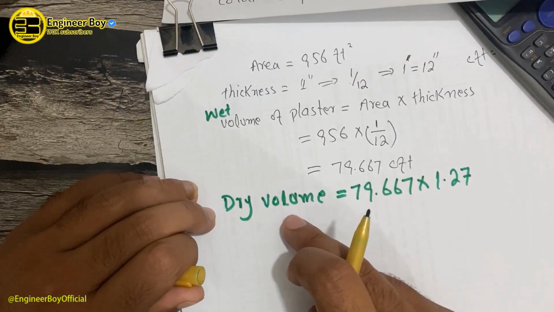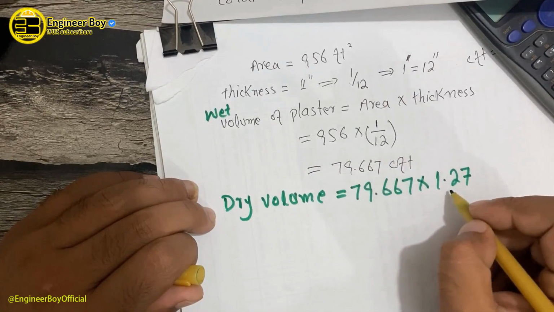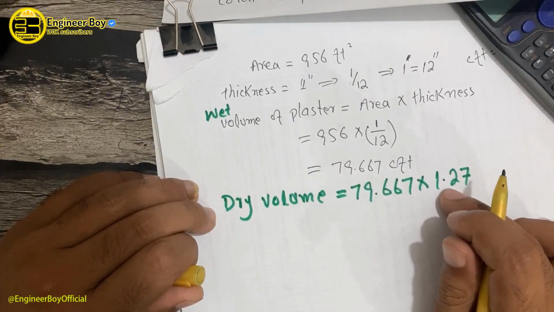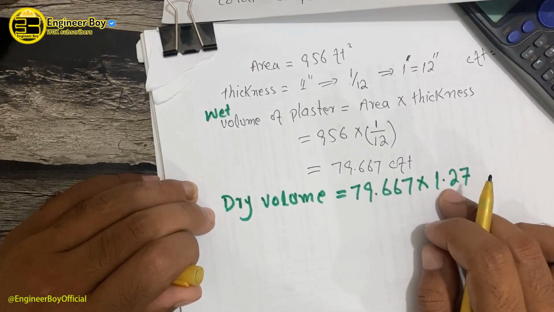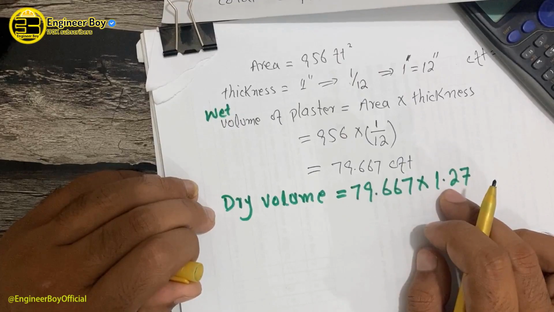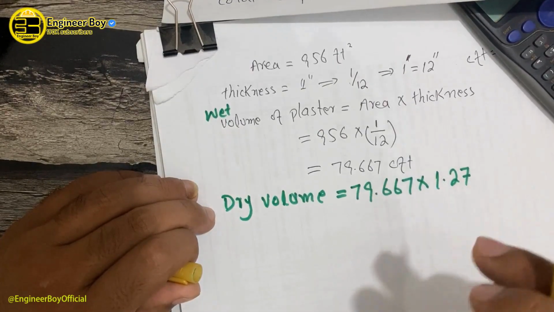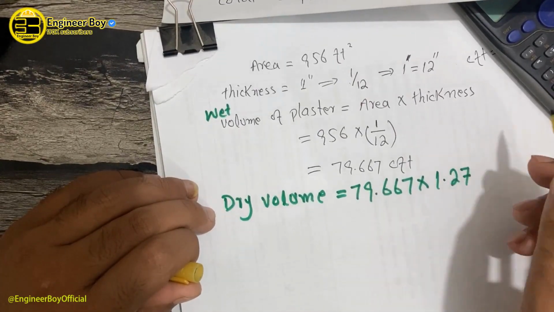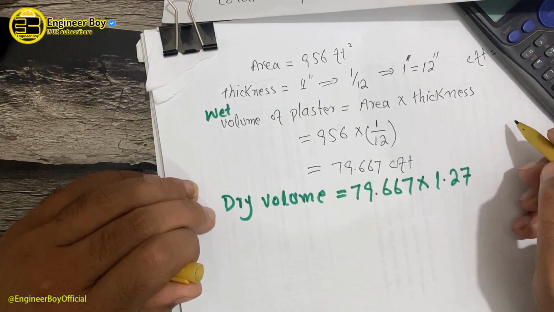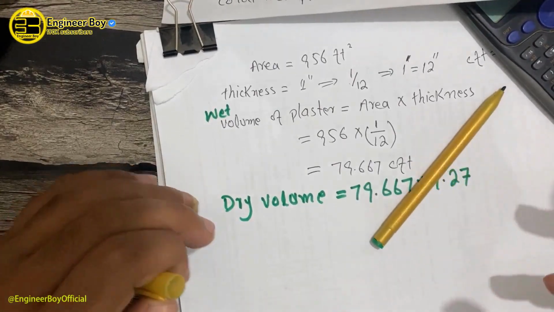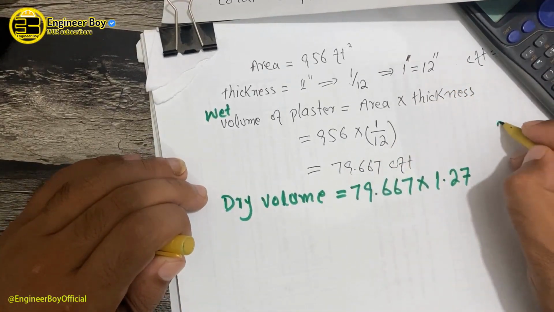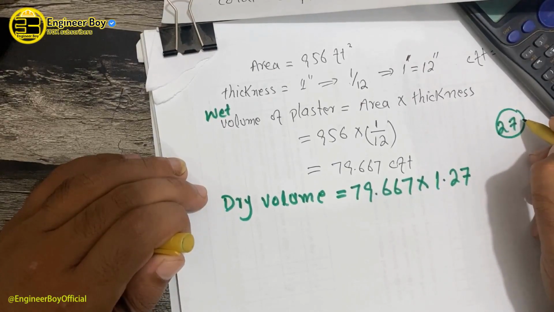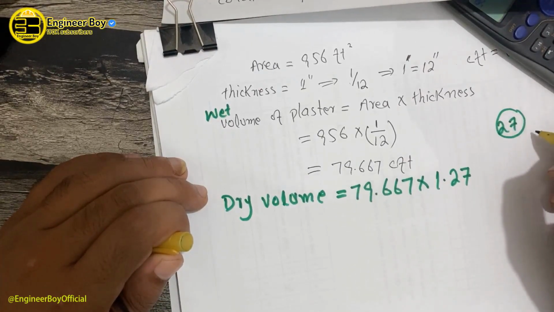In order to determine the dry volume from wet, we have to multiply the wet volume with 1.27. That's because there are losses in volume once we add water to the mixture of cement and sand, because the cement fills the voids in the sand, which decreases the volume by around 27%, and that's in 1 CFT actually 1.27.